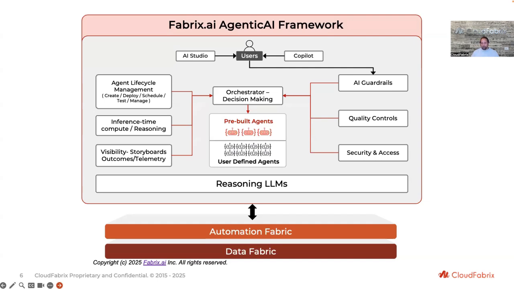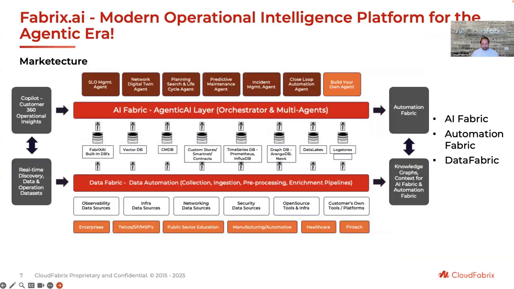We also involve inference time compute and reasoning. So there is not a lot of training required. There's no need for any labeled data. We do a lot of decisions at inference time. And then the AI fabric essentially orchestrates the automation fabric and data fabric, and they work in tandem. They go back and forth to actually get to an outcome.